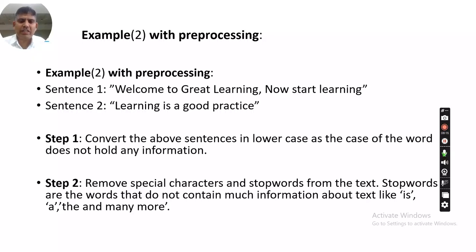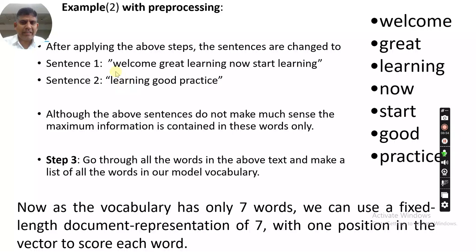Stop words are the words which do not carry any meaning in the document or sentence. Here to, is, a are the stop words, so we remove them. Sentence 1, after lower casing and stop word removal, becomes welcome, great, learning, now, start, learning. Sentence 2 becomes learning, good, practice.